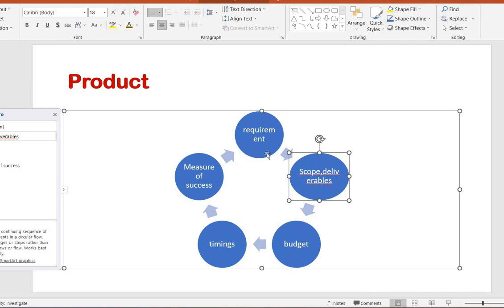So these facts we need to consider: timing, budget, requirement and scope. Based on that, there will be a measure of success, some threshold we should set as a target, and based on that we should start our work.